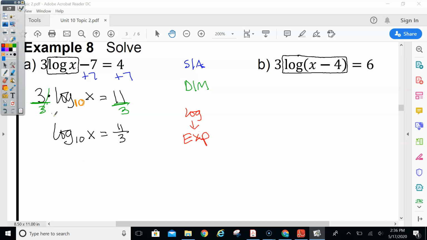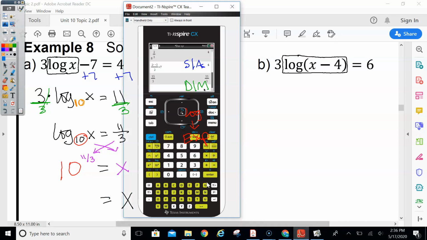So the base of the exponential is going to be 10, and the other two just switch. So my exponent is now 11/3, and the argument is x. So really, x is whatever this decimal is here. So now at the very end, you can use the calculator and round.